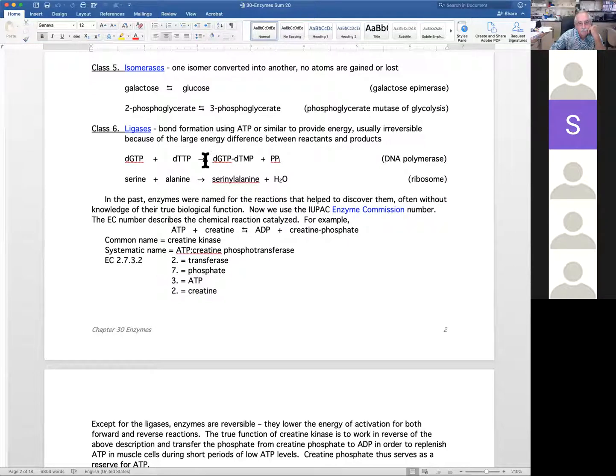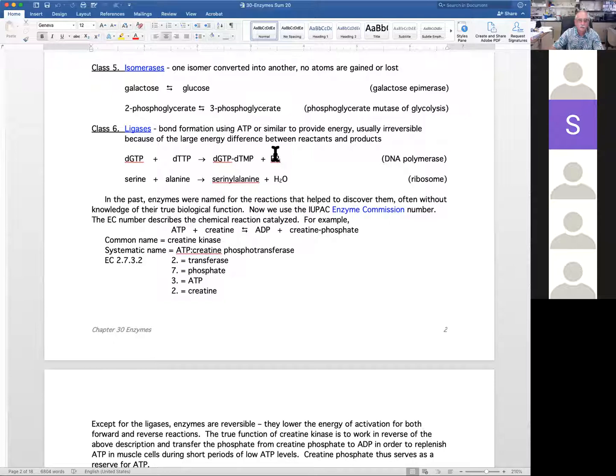And I put these as one directional because they're so exothermic that they're unlikely to go in the opposite direction. Okay.